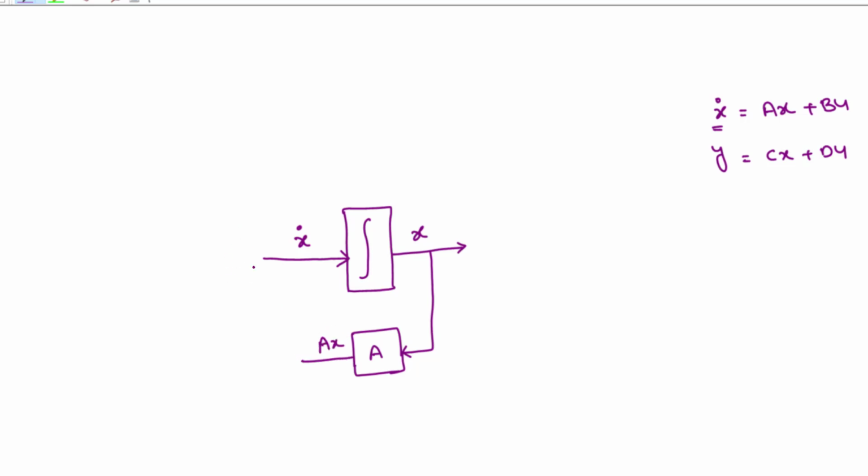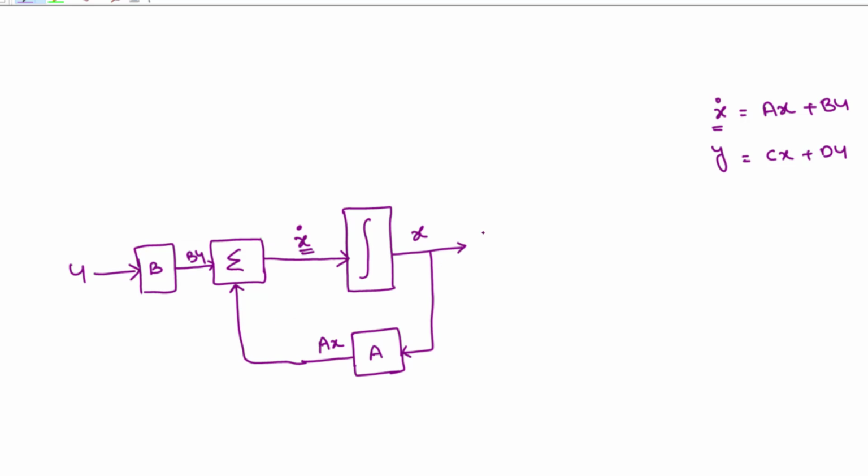Now we want to add this to x dot, so I put a summation block here. This Ax I add to the input: u is the input, and I give this u to matrix B, so the output is Bu. So now you observe x dot is equal to Ax plus Bu.